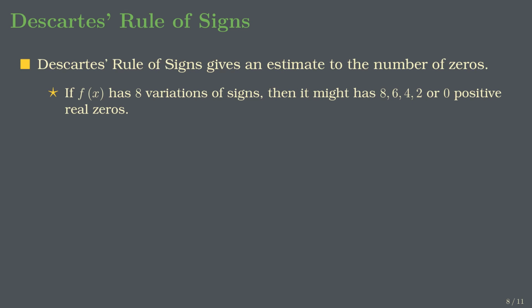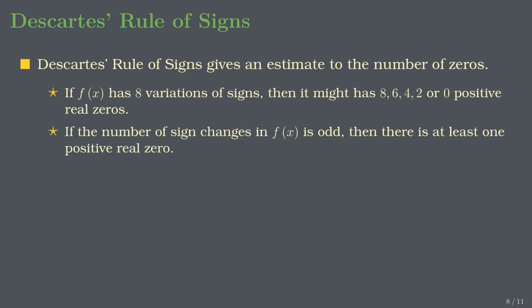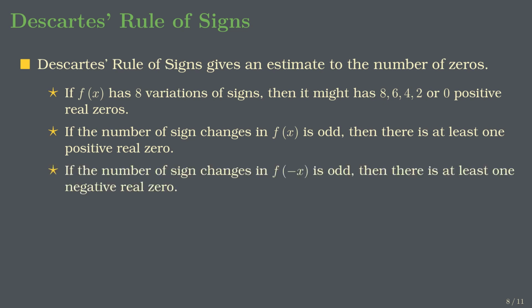We can't even tell whether f has a positive real zero or not, because we might find the situation where f has no positive real zeros. However, if f(x) has an odd number of changes in sign, then we know that at least f has a positive real zero. And similarly for the situation where f(-x) has an odd number of changes in sign.